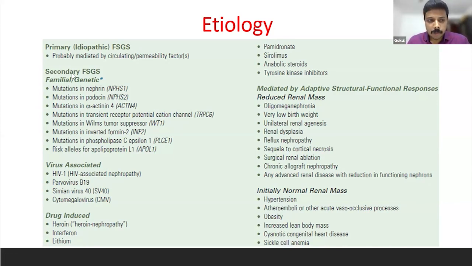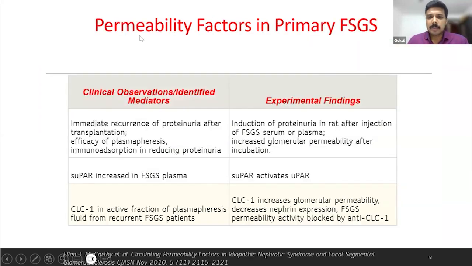And those patients with familial or genetic FSGS, these are the common mutations: nephrin, podocin, alpha-actinin 4, TRPC6, WT1. So just a word about the primary FSGS. There is evidence that primary FSGS is due to the presence of a circulating permeability factor. So these are the clinical observations.